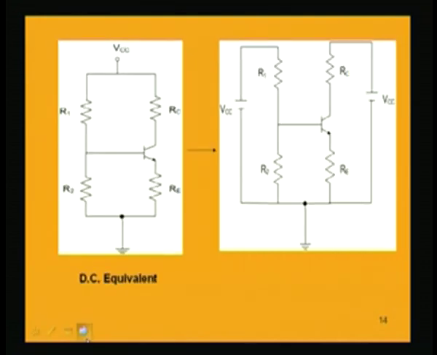Just for easy analysis, I have separated out the resistances R1 and R2 with VCC, and the other is RC and RE, which also shares this VCC. This scheme is nothing but the same scheme, but I am drawing it just to easily understand the circuit. This is the base point, collector point is here, emitter is here.